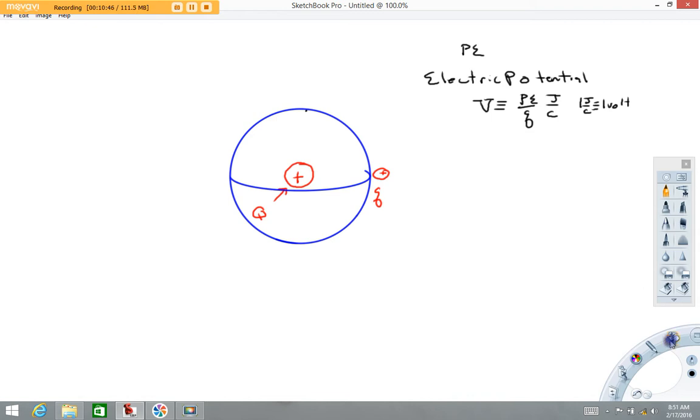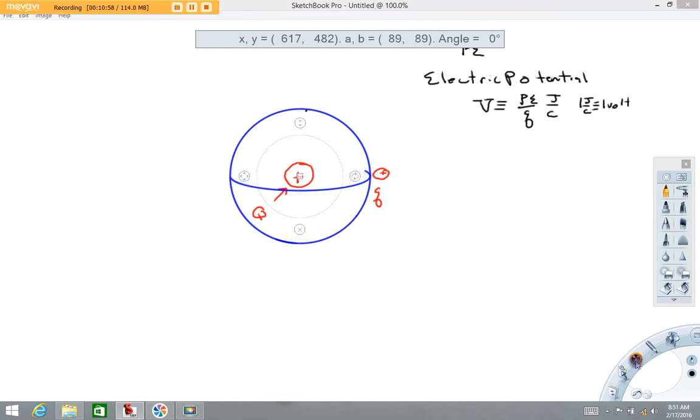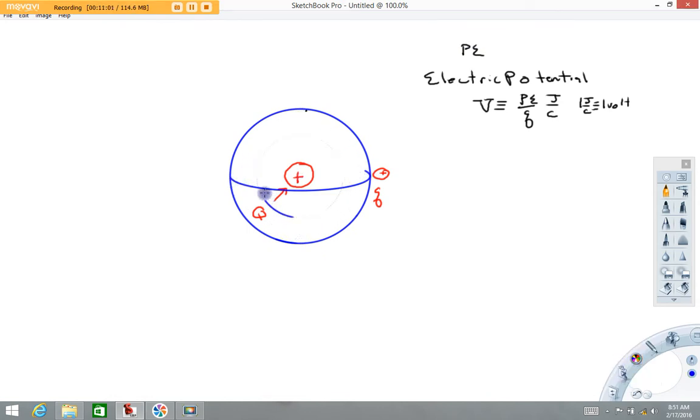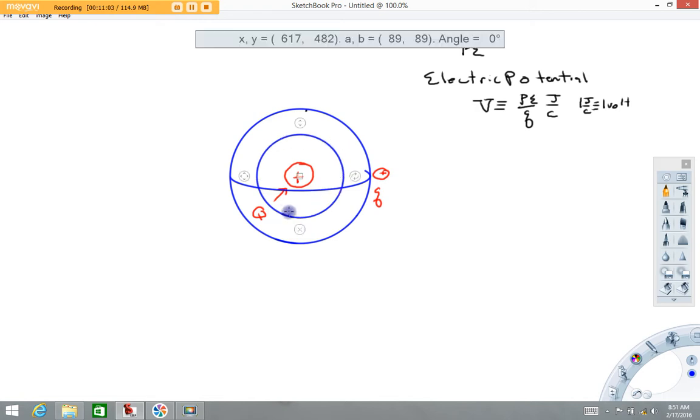Now, if we imagine moving inward, right? So imagine this circle being smaller. I'm going to go ahead and do this one in blue as well here. All right, there's another surface here where the potential would be the same anywhere on that surface. And if I move inward, there's another surface where the potential would be the same.